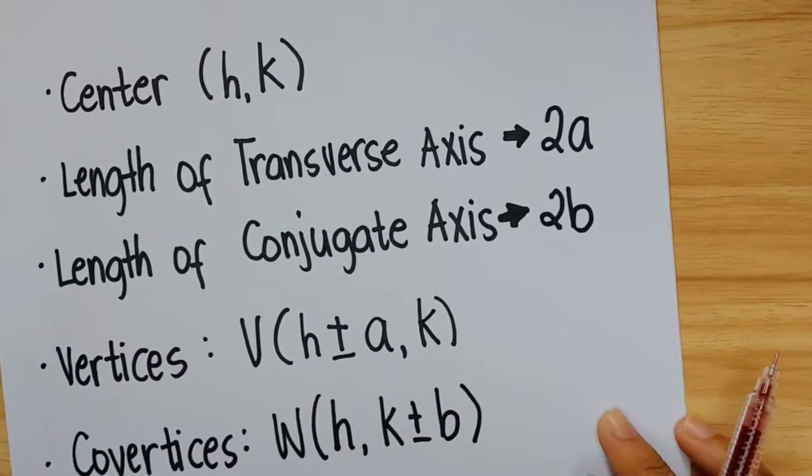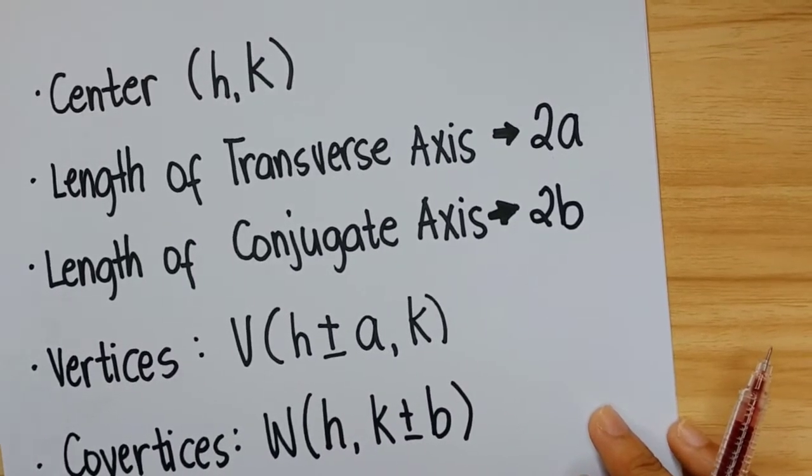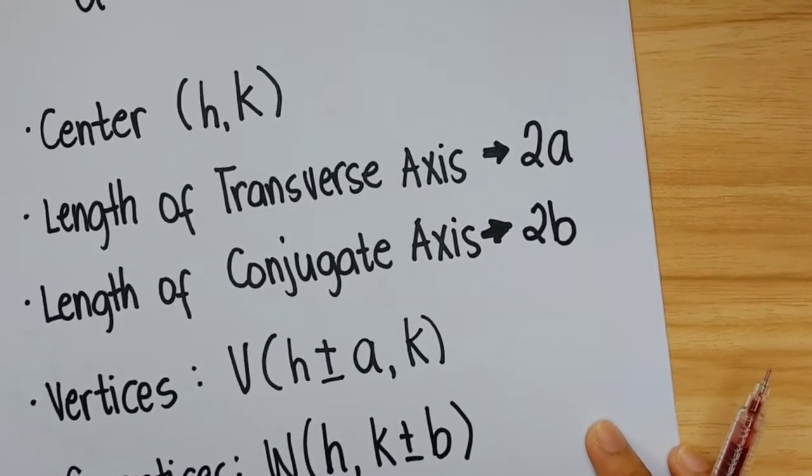How do we find the vertices given a horizontal hyperbola?